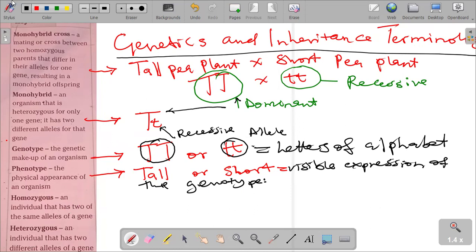Our next term is homozygous. What do we mean by homozygous?